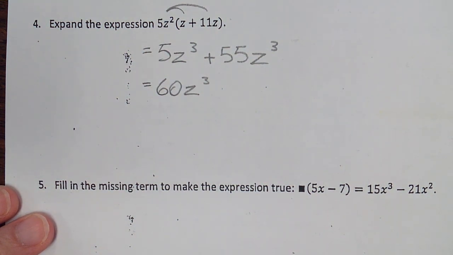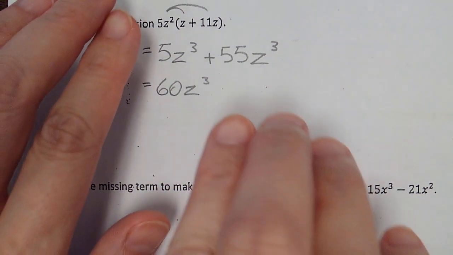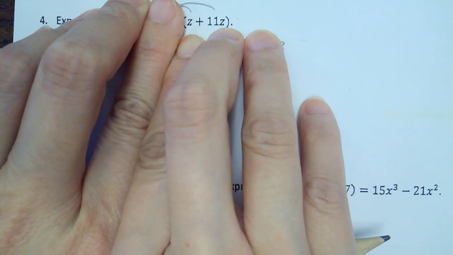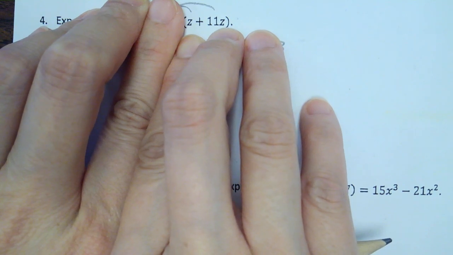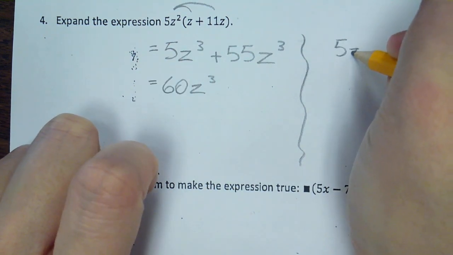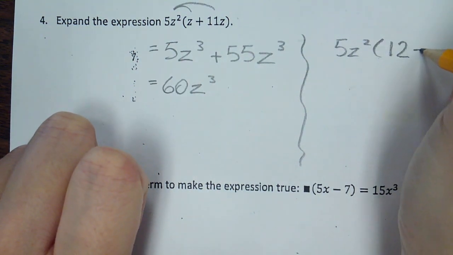Did anybody do this a different way and get the same answer? Well, if you think back to BEDMAS, what are we supposed to do first? Yeah, if you look inside this bracket, z plus 11z, can I combine these two? Yeah, it becomes 12z. So I could have also done this, 5z squared times 12z.